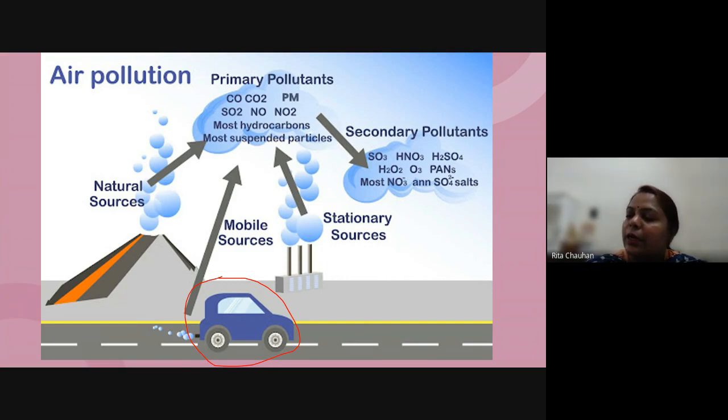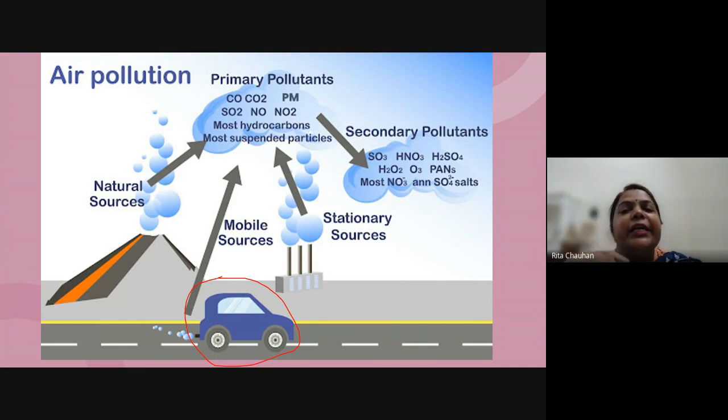Another classification is primary pollutants and secondary air pollutants. Primary pollutants means those pollutants which are directly sourced from these three sources. For example, carbon dioxide, carbon monoxide, PM meaning particulate matter, sulfur dioxide SO2, nitric oxide NO, nitrogen dioxide NO2, most of the hydrocarbons, and most of the suspended particulates.